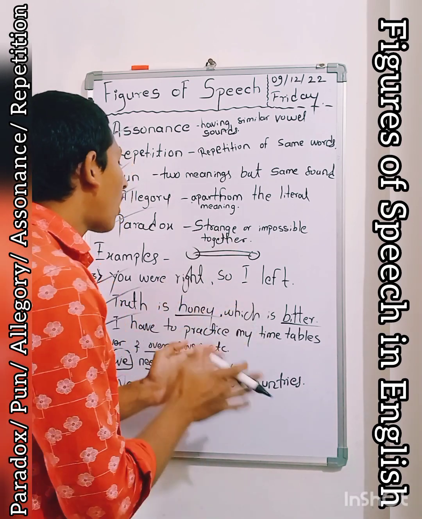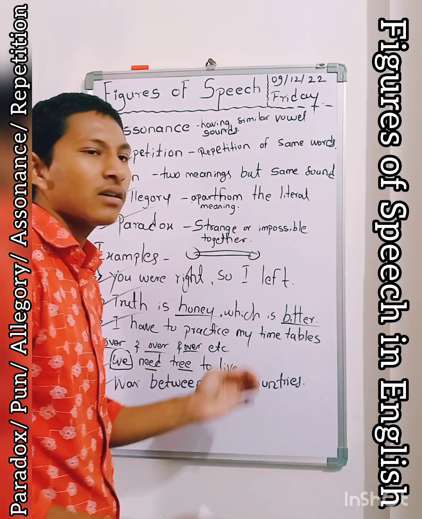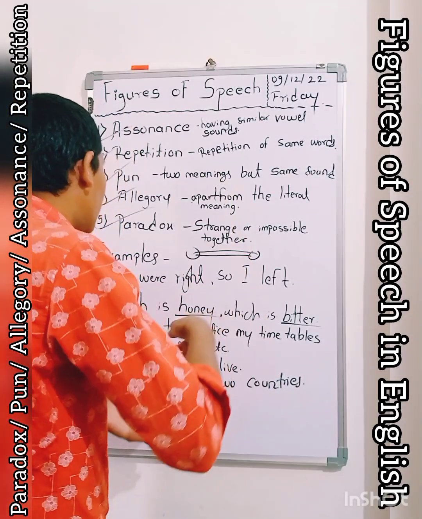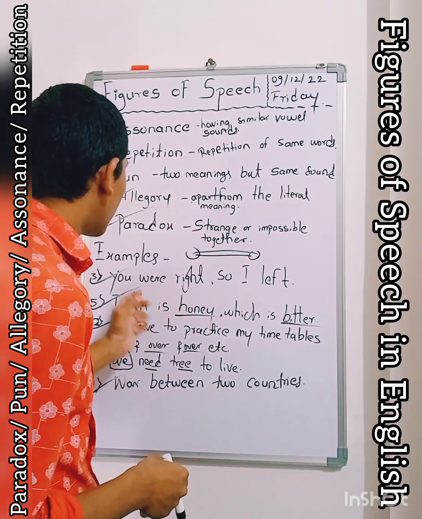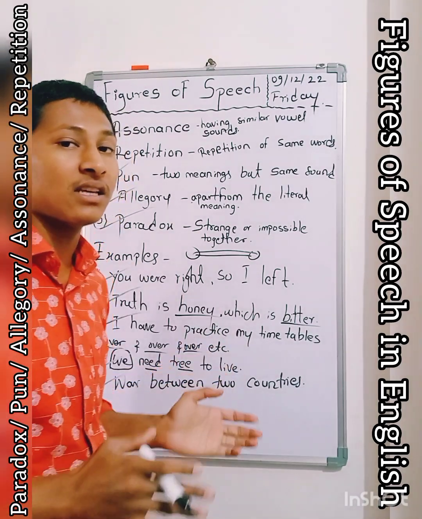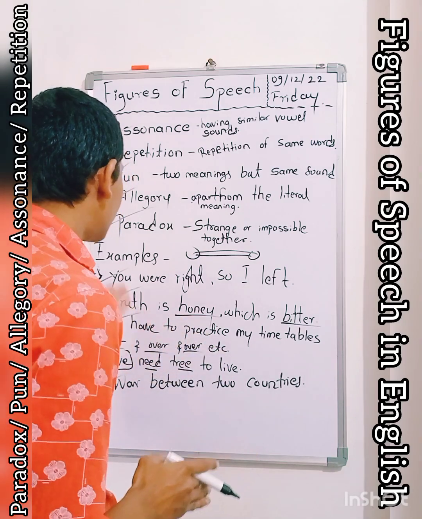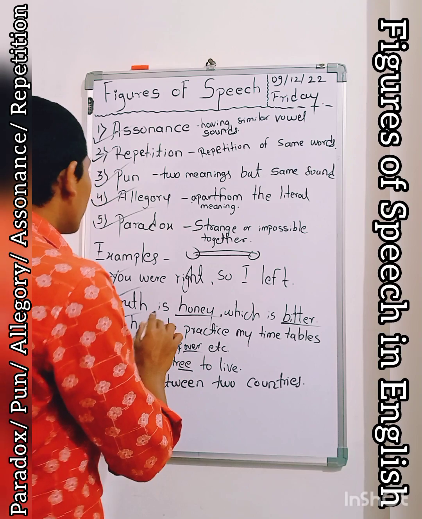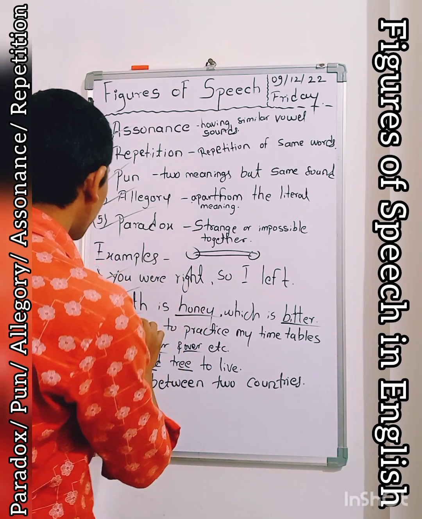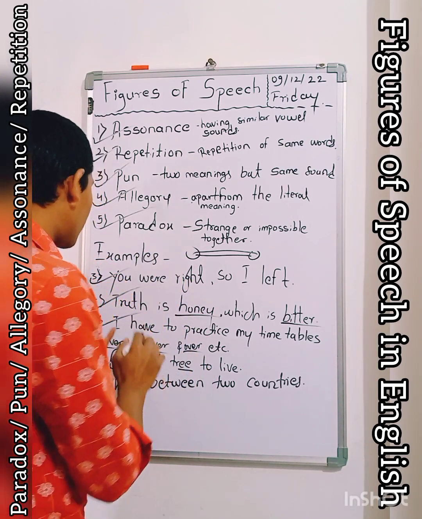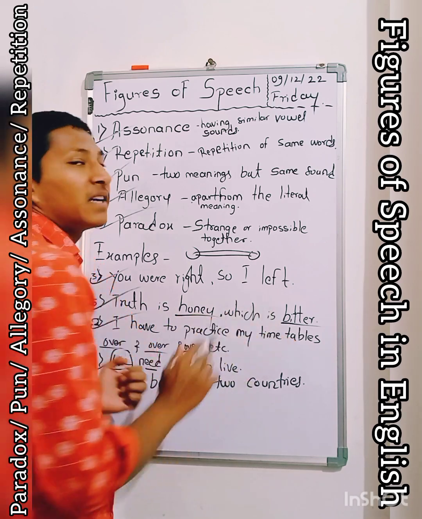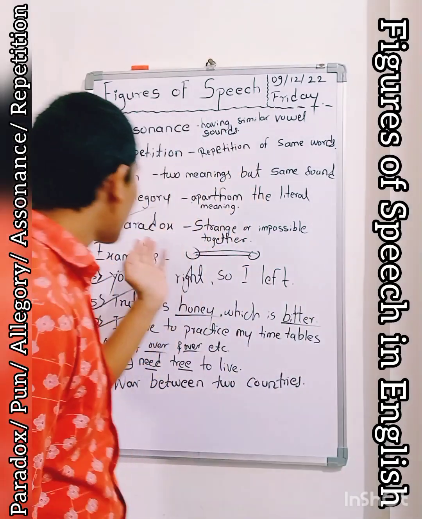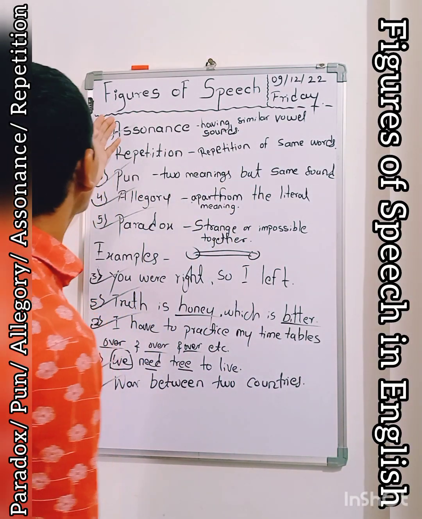You are not seeing the meaning at first, but if you enter deeply into the context, then you will understand that these actually make sense. Like that, those are called paradox. Once again, the example is: truth is honey, which is bitter. So this is the last one, and we have covered all the figures of speech here.